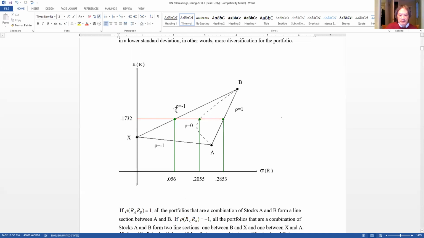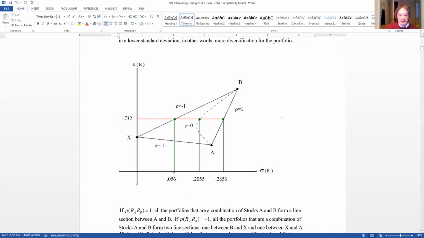If the correlation between A and B is -1, then all the combinations of A and B would form these two line sections. Again, with equal weights for A and B, 0.5 and 0.5, then we are at this portfolio with this return and this risk.